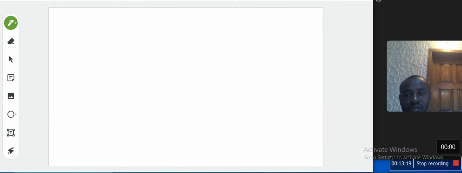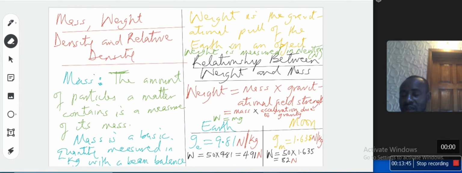On the next page, I want to just say some things about the difference between mass and weight. What do you think are the differences between mass and weight? Can you mention that? Mass is a basic quantity, while weight is a force.